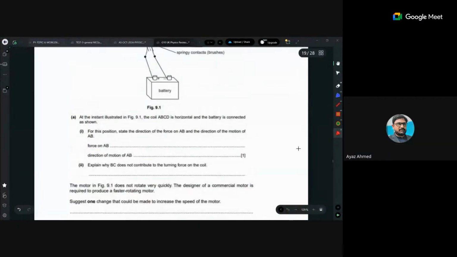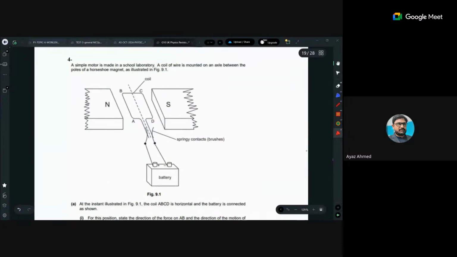Okay, let's do just this one question more, then we will do the rest in the next part, next class. A simple motor is made in a school laboratory. A coil of wire is mounted on the axle between the poles of the horseshoe magnet. At the instant illustrated in the figure, the coil ABCD is horizontal.